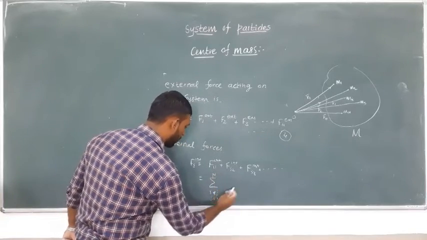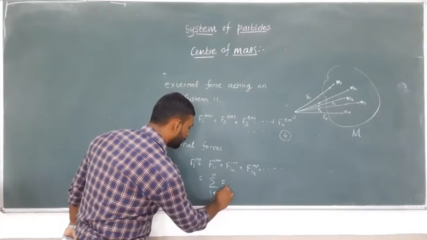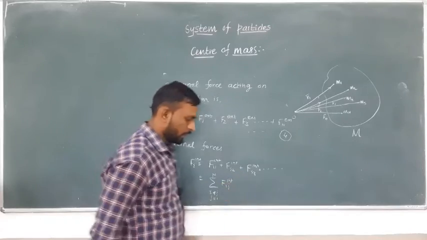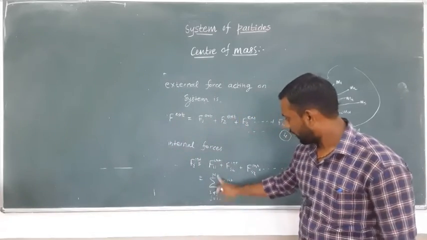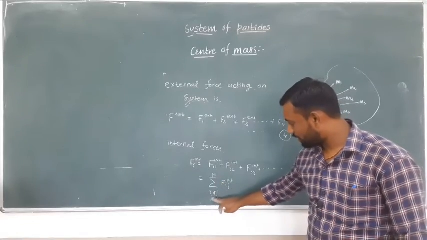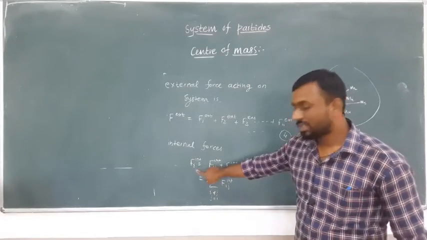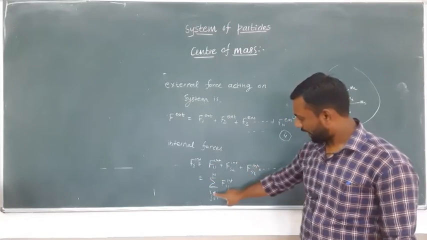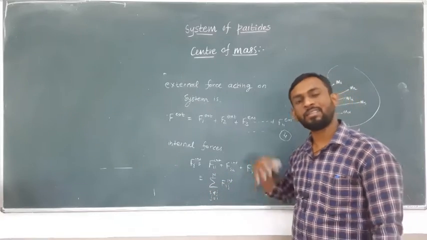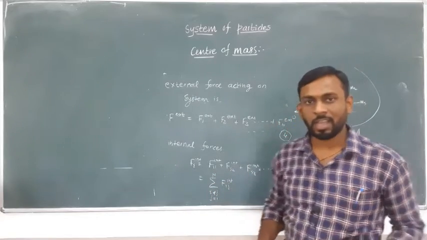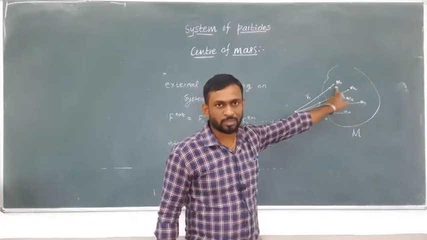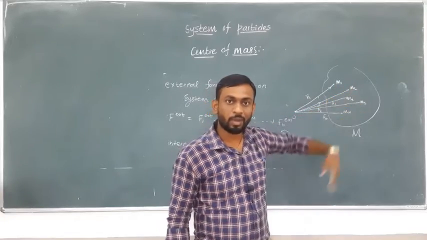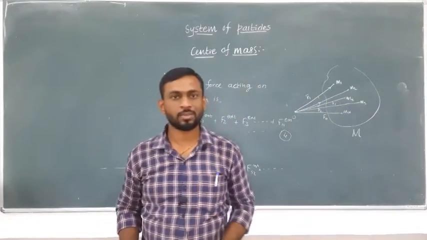So I will explain what this i and j are. Fij internal. So what is the meaning of this term? Summation over i not equal to j, where j runs from 1 to n. We are looking for the forces acting on this ith particle just because of the rest of the other particles. If I write i runs from 1 to n and j again runs from 1 to n, it means that for the m1 particle, we would consider the internal force experienced by the m1 particle on itself, which is not possible.